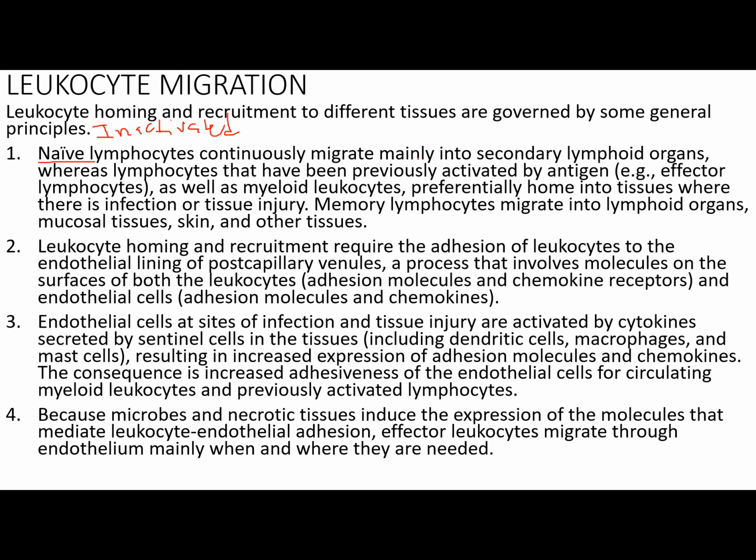They would continuously migrate mainly into the secondary lymphoid organ, whereas lymphocytes that have been previously activated by antigen, known as the effector lymphocytes, as well as myeloid leukocytes, preferentially would home into tissues where there is infection or tissue injury. Memory lymphocytes class would migrate into lymphoid organs, mucosal tissues, skin, and other tissues.